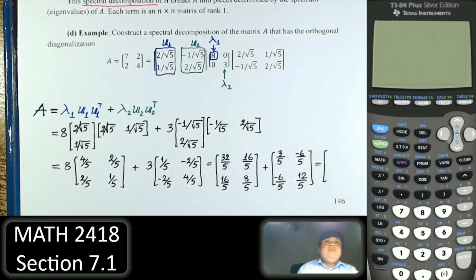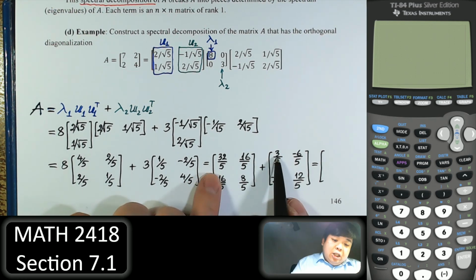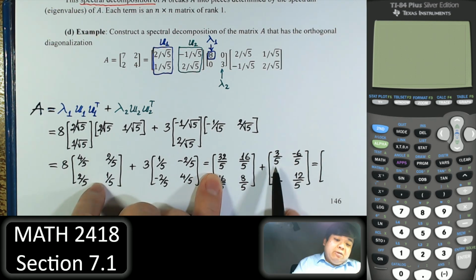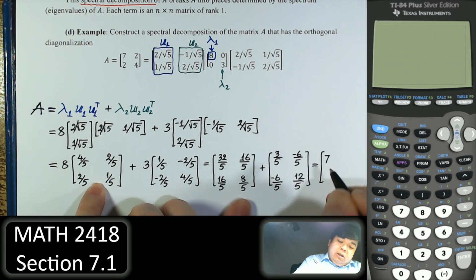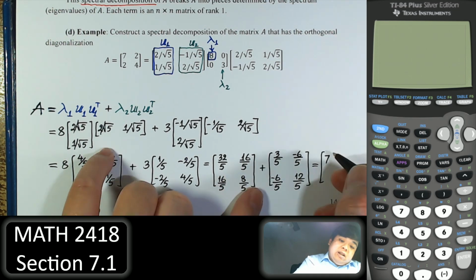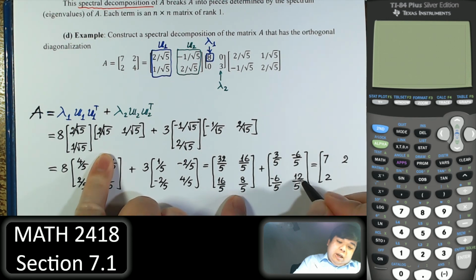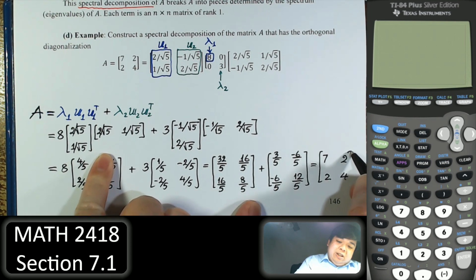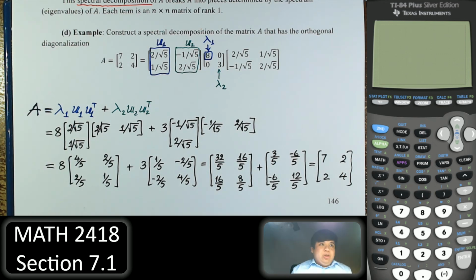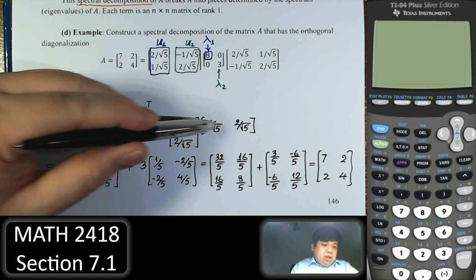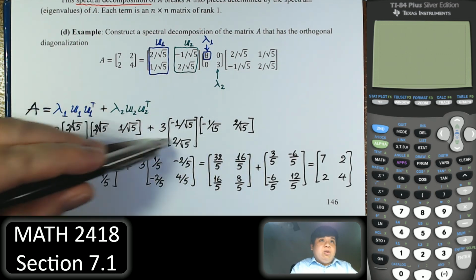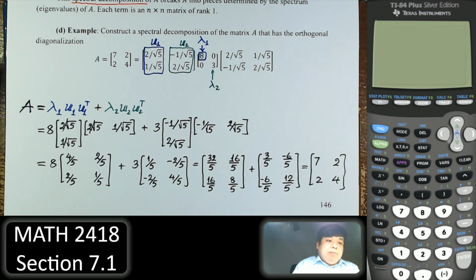Right. So when we add them, 32 and 3, that's 35 divided by 5 is 7. 16 minus 6, 10 divided by 5, 2. That's also 2. And 20 divided by 5, 4. Of course, that is A, right? So this shows that A can be decomposed into this, which is called the spectral decomposition.